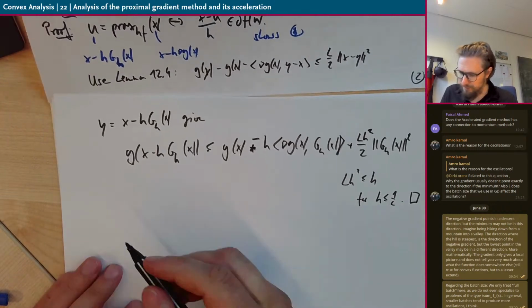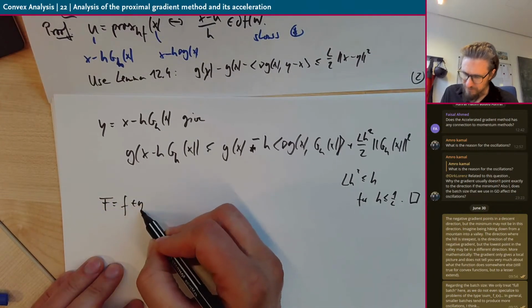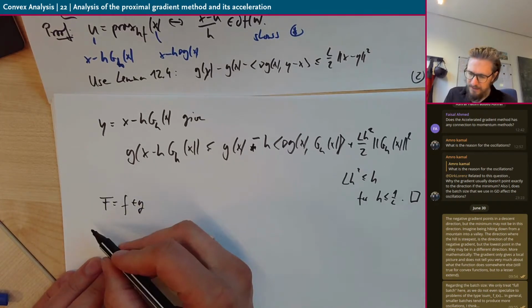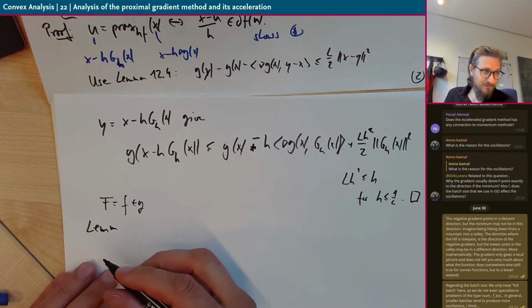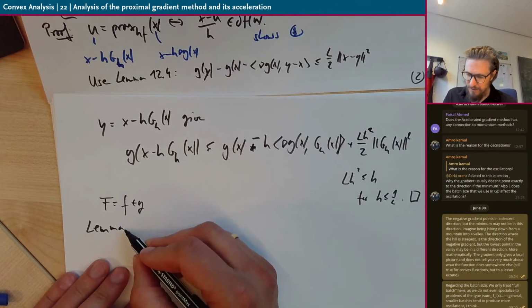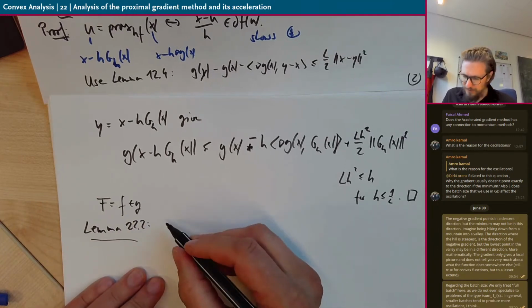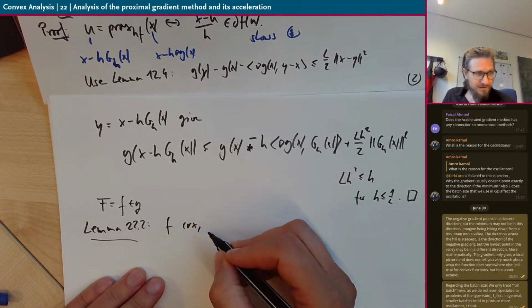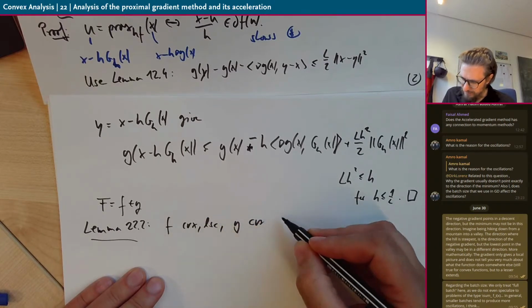So we abbreviate with capital F the full objective, small f plus small g, and we want to formulate that even this capital F gets smaller. So the lemma is 22.2. We need f convex, L smooth, g convex, and L smooth.